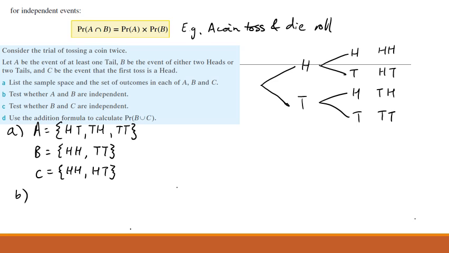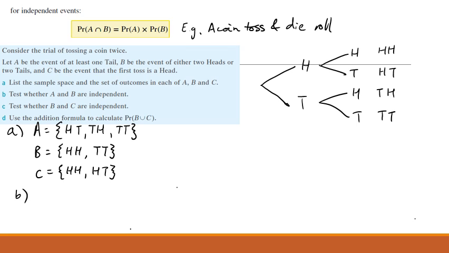Part B: test whether A and B are independent. The first line up there can be used as a test, as well as allowing you to figure out the probability of the intersection. How many outcomes do we have in total?